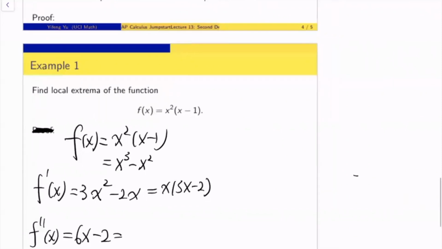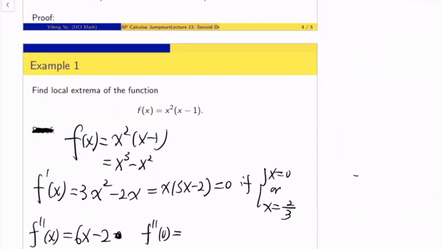First of all, you find the critical numbers. The first derivative equals 0 if x is 0 or x equals 2/3, so we have two critical numbers. Then I plug these into the second derivative.